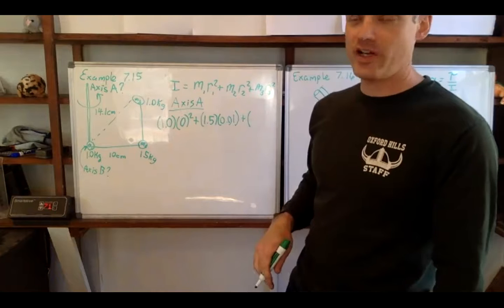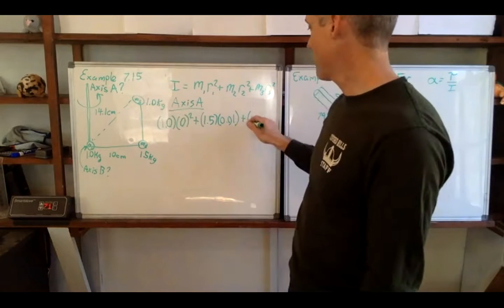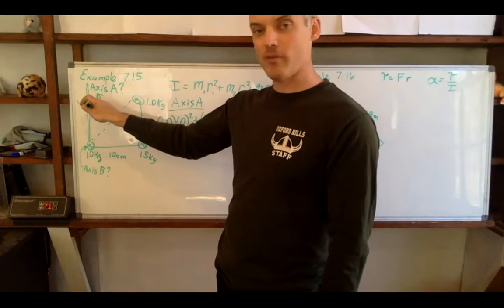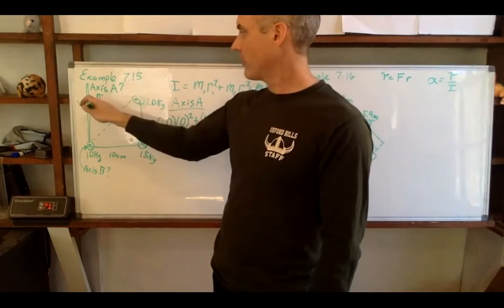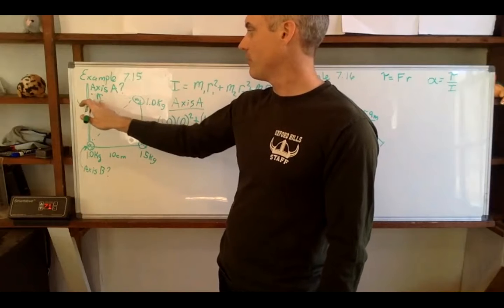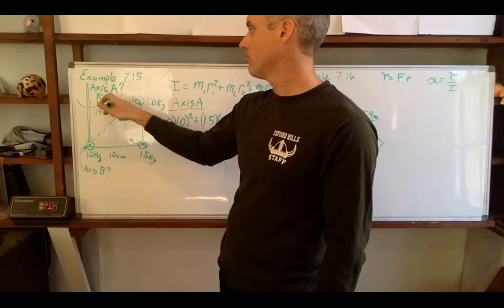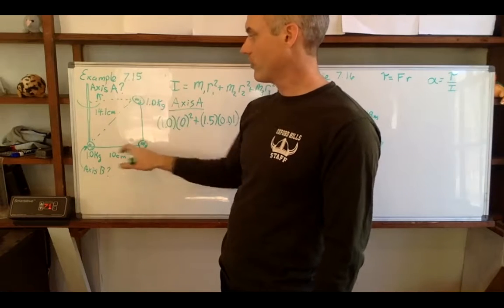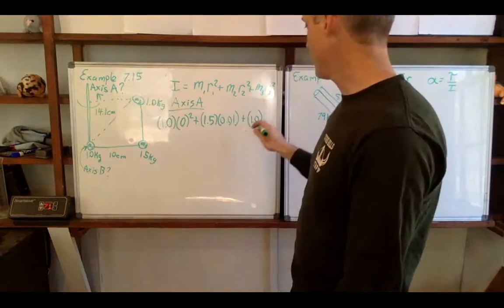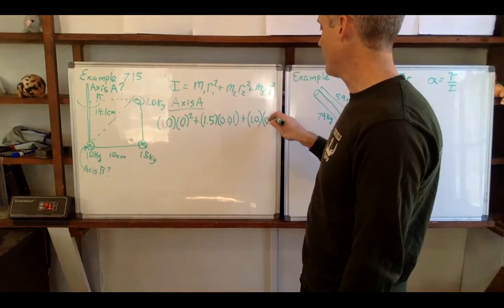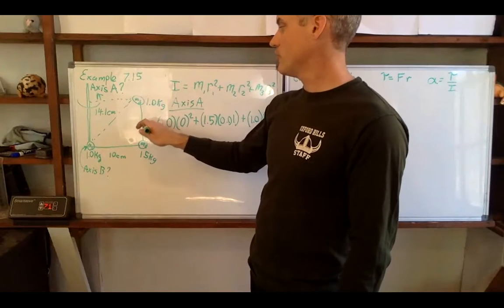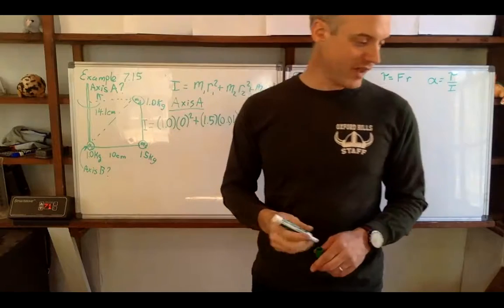And then mass 3 is 1 kilogram. If you measure it from here to here, because this is the axis of rotation, that's not a real rod, let me dash it. That's actually still 10 centimeters away from that rotation, so it's multiplied by 0.1. That should be equal to our inertia of that system.